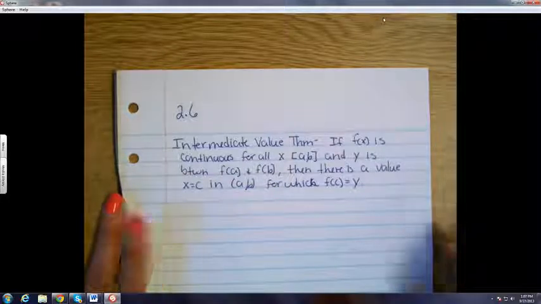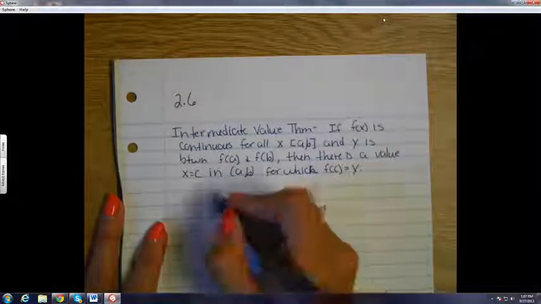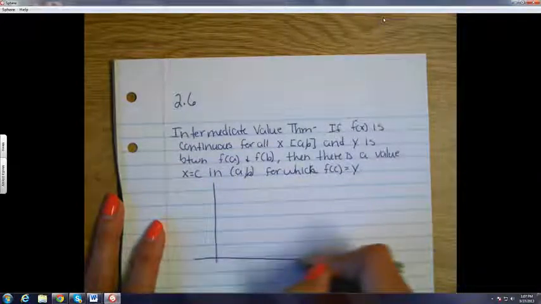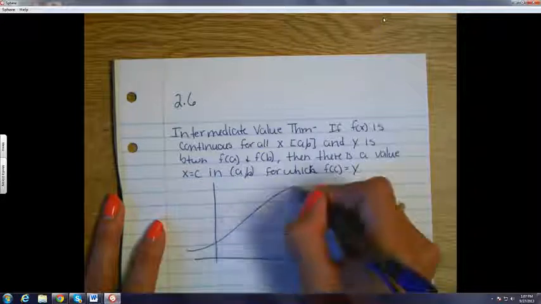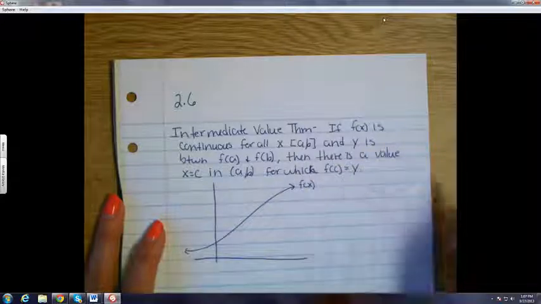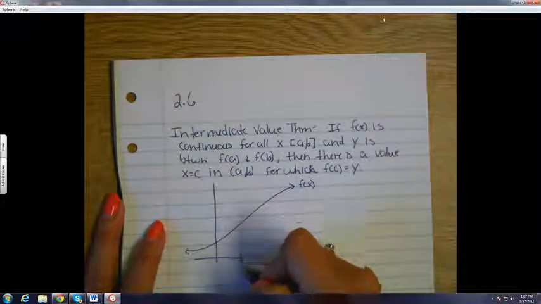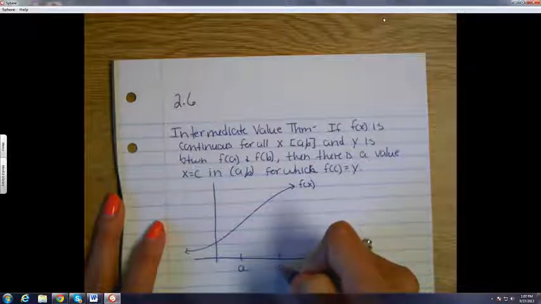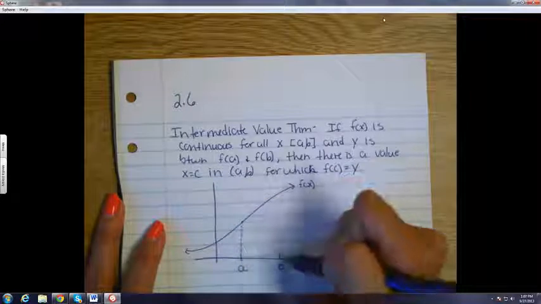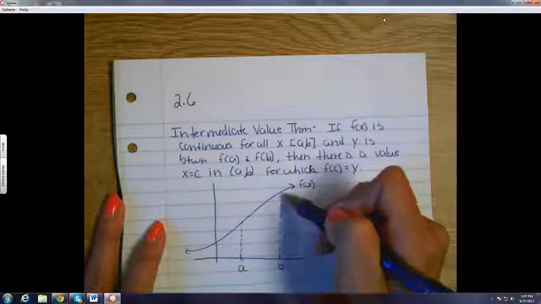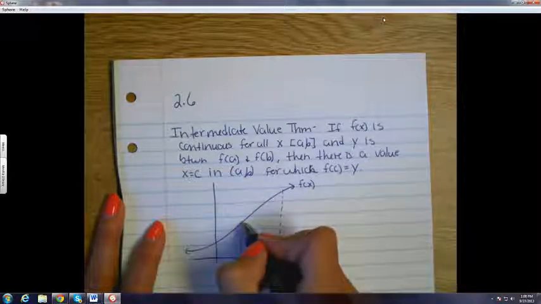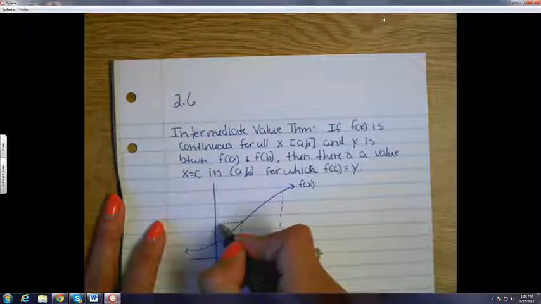Okay, so in terms you can understand, got a function. We're going to pick an interval from a to b, and you can see that the graph is continuous all the way through there. So here is my corresponding y value for a, which we call f of a.